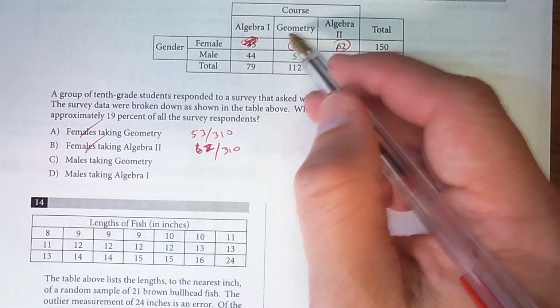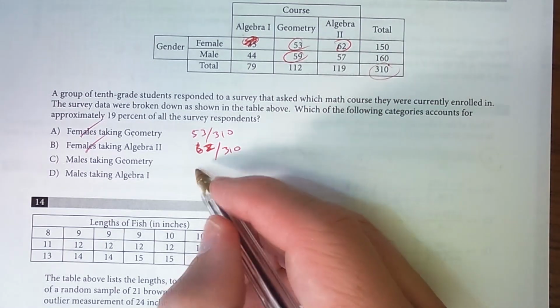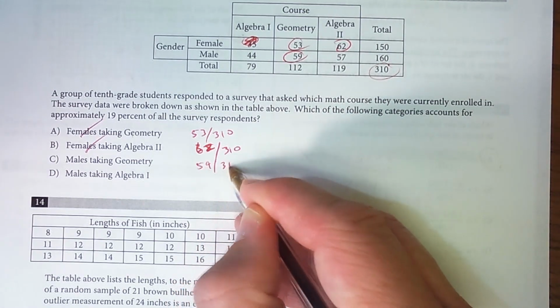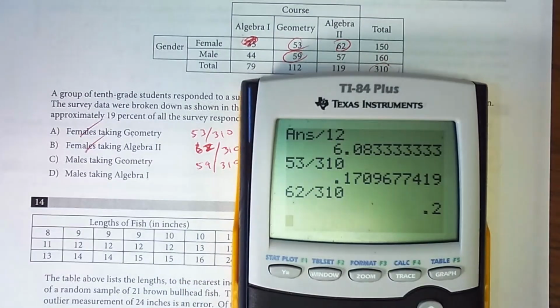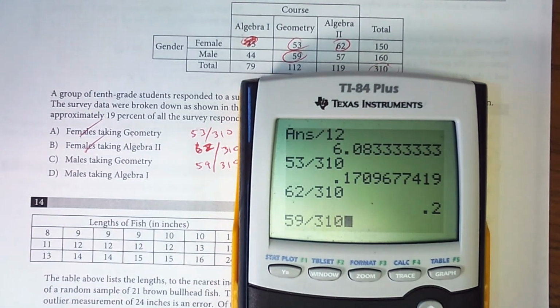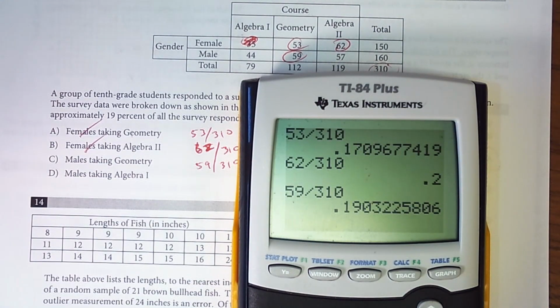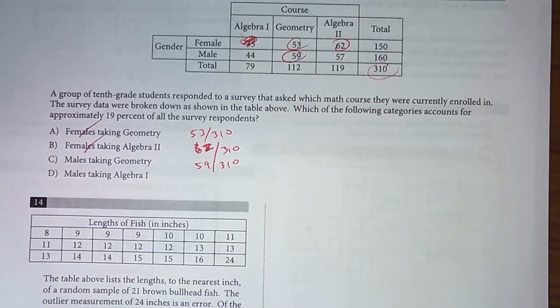Males in geometry, that's 59 out of the 310. 59 divided by 310 is just about 19%. So it is option C.